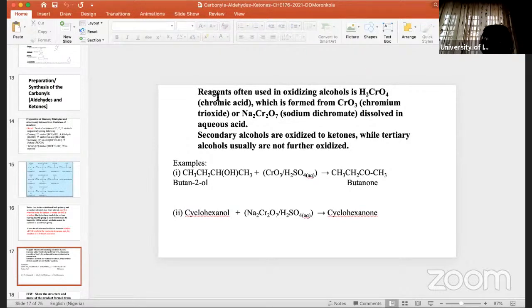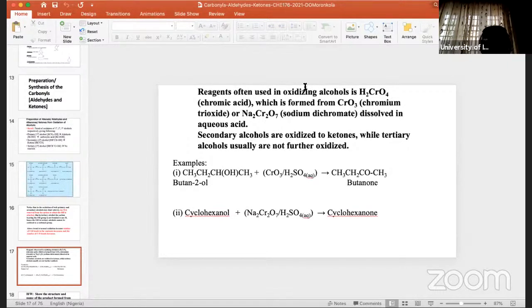Such reagents include these chromium compounds. One of them is chromic acid, H2CrO4, and it is actually formed from chromium trioxide, CrO3. And another reagent is sodium dichromate, which easily fosters oxidation, an oxidizing agent, so to say.